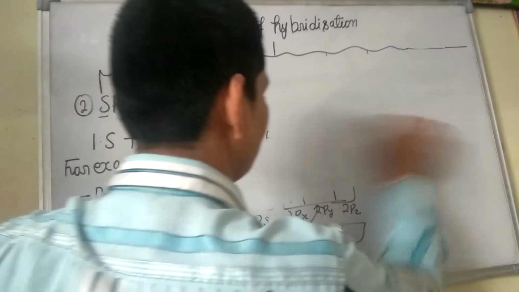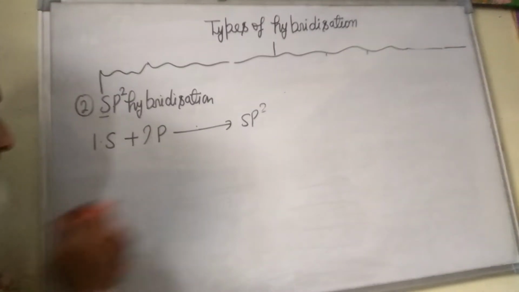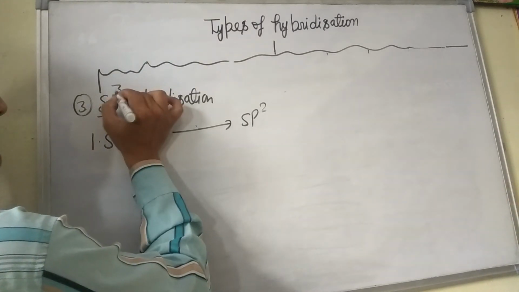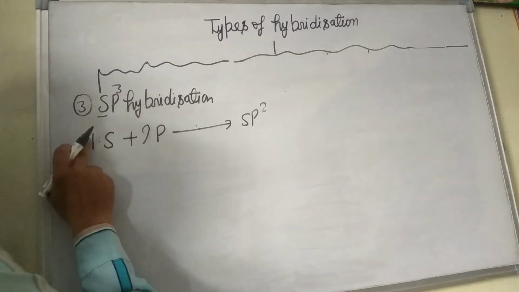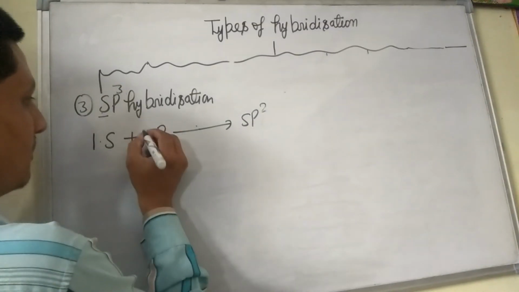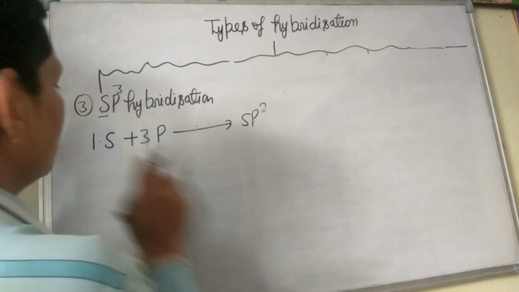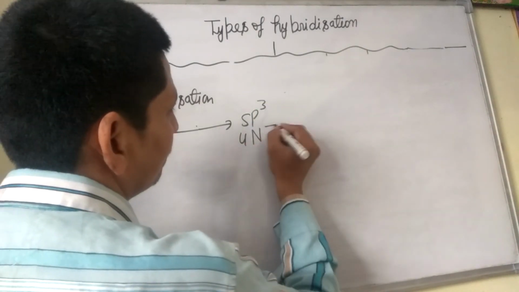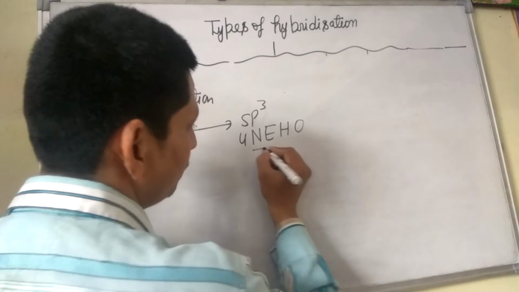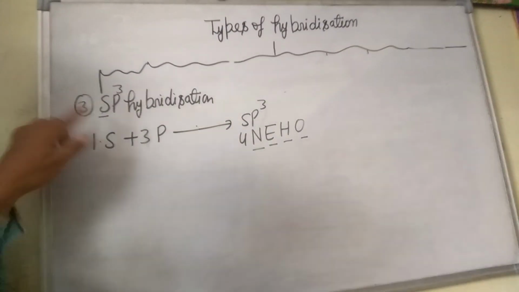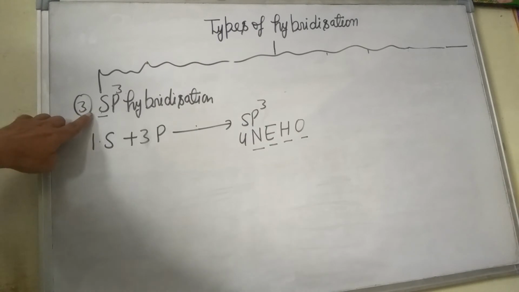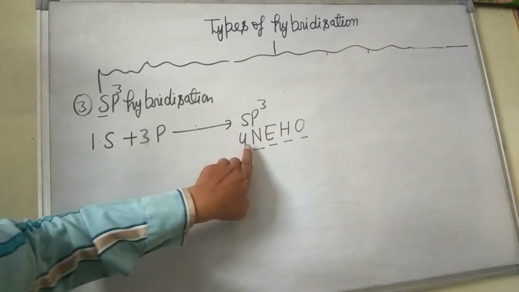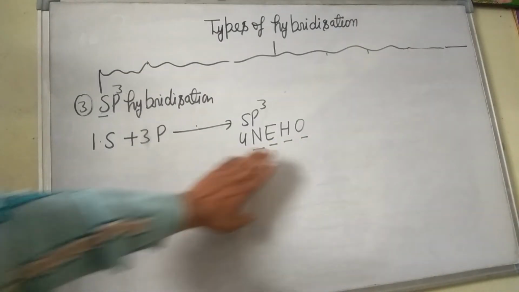When 1 s orbital and 3 p orbitals mix together to form 4 new equivalent hybrid orbitals. This is called sp3 hybridization.